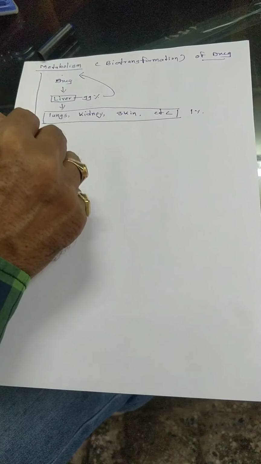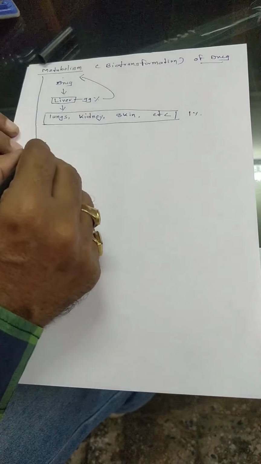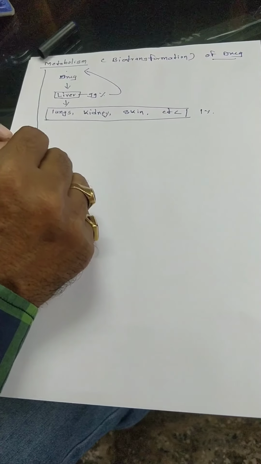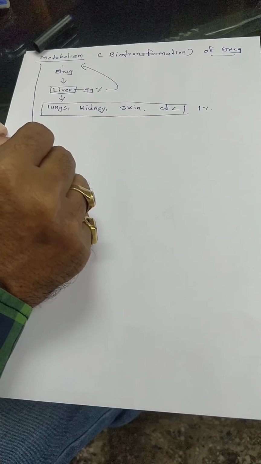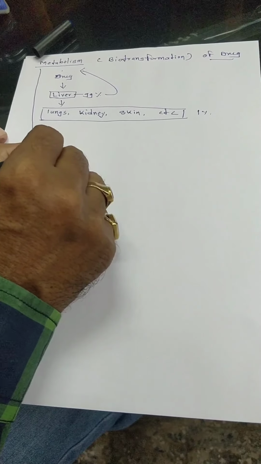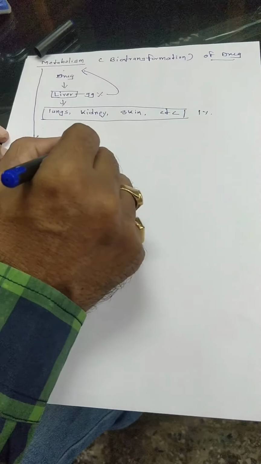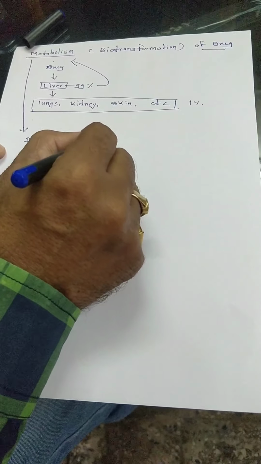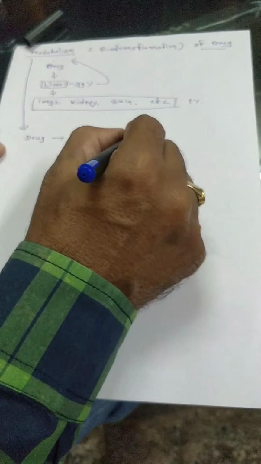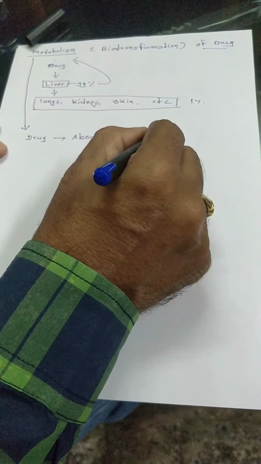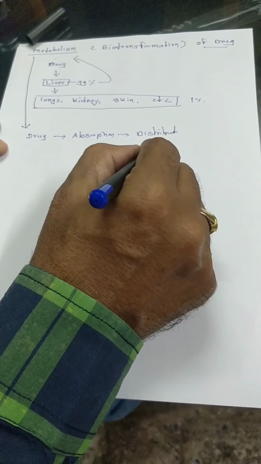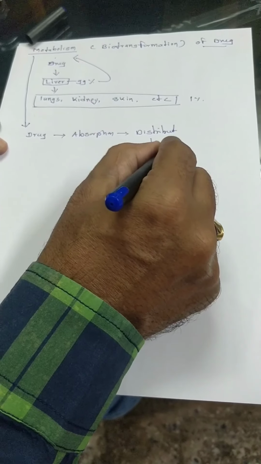Now, what do you mean by metabolism? The drug acts in the body. The drug is administered, goes inside the body, absorption takes place, then it gets distributed, then it gets metabolized, and the metabolism takes place in the liver.